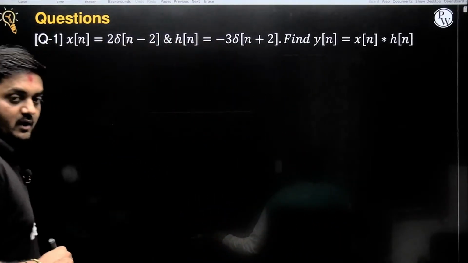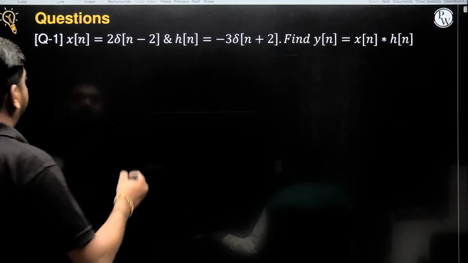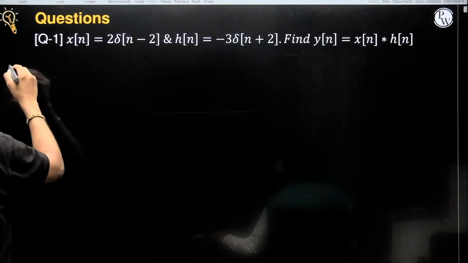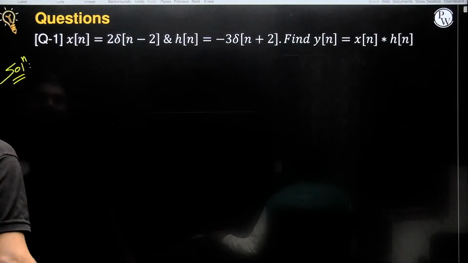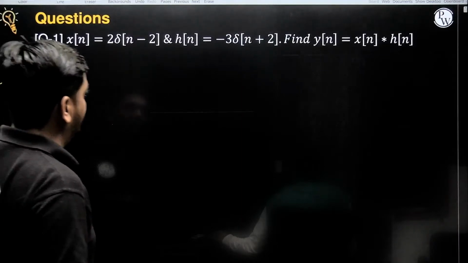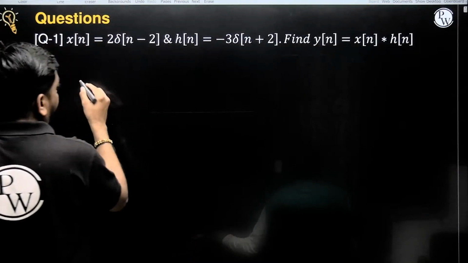Okay, now see here, the first question. x of n equal to 2 times delta of n minus 1 and h of n equal to minus 3 times delta of n plus 2. Find y of n equal to x of n convolution with h of n.